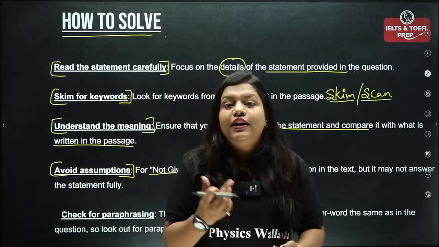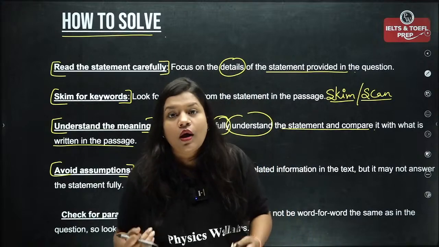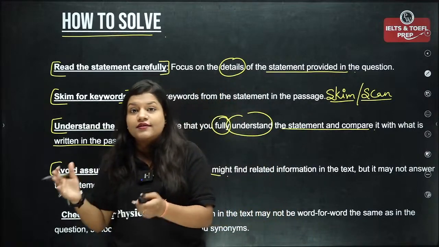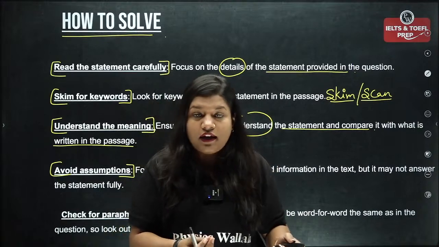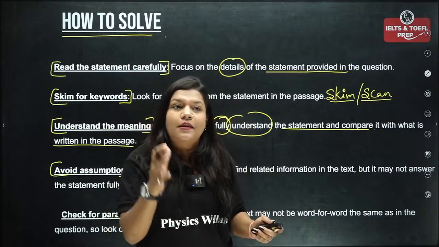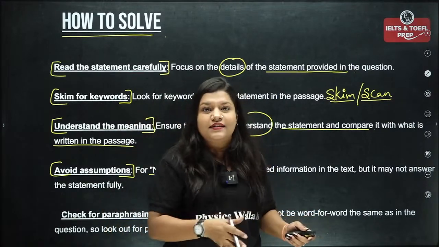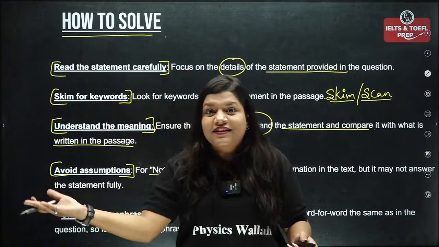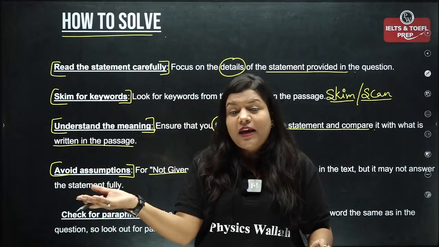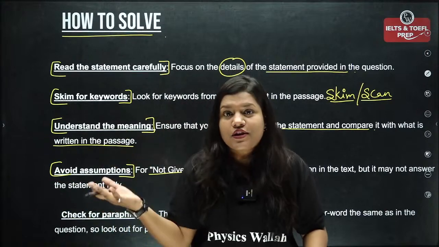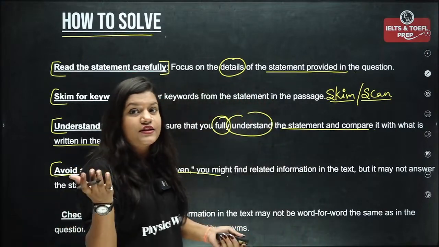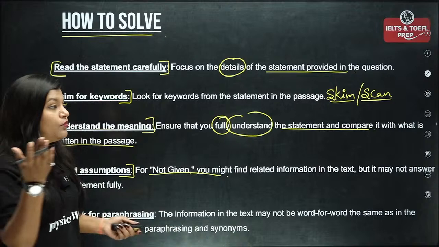You don't need to take a decision on what you know, but you have to take a decision on what's there in the passage, what's written in the passage, right? Make sure you rely on what's written over there as a text so that you can take the decision wisely and you will be having a proof to support your answer. You will be having a point to provide a proper validation and justification to your answer, right? So be very clear of it.